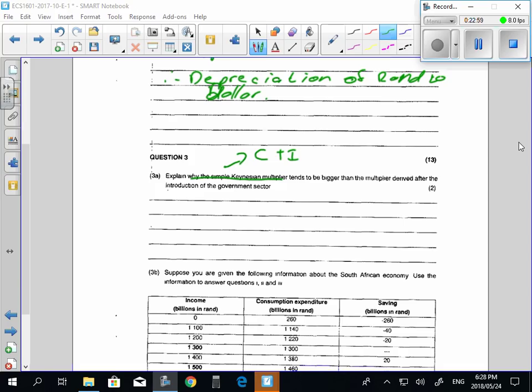Okay, let me give you the answer that I've made up here, and then I'm going to use the equations as well to show you. So when we introduce the government sector, we include tax. Now, what is tax? We said it was a leakage from the circular flow.